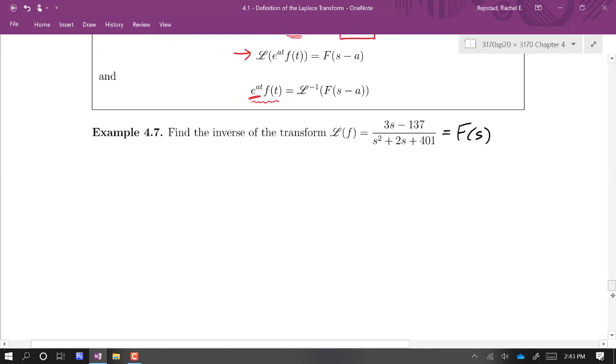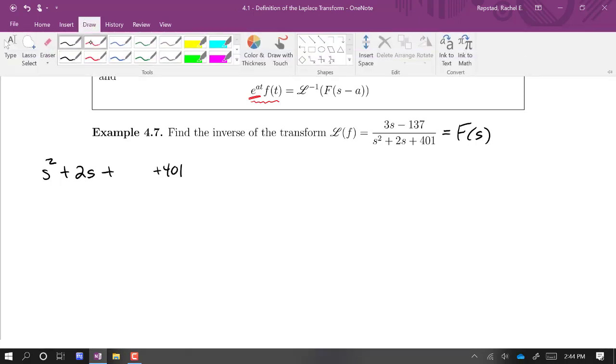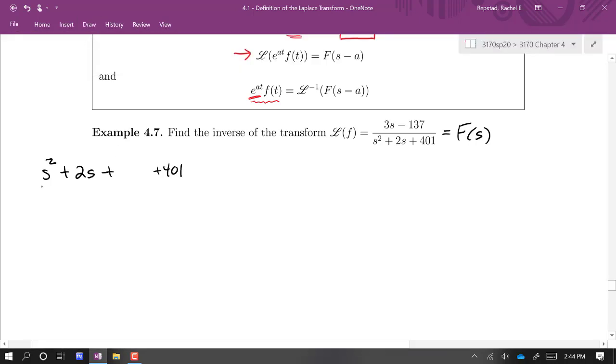If I want to write it in a different way, we're going to do one of my favorite things ever in the world, and that is complete the square on this quadratic. So we've got s squared plus 2s plus 401. I'm going to leave a little space here and complete the square, so I've segregated out that 401.